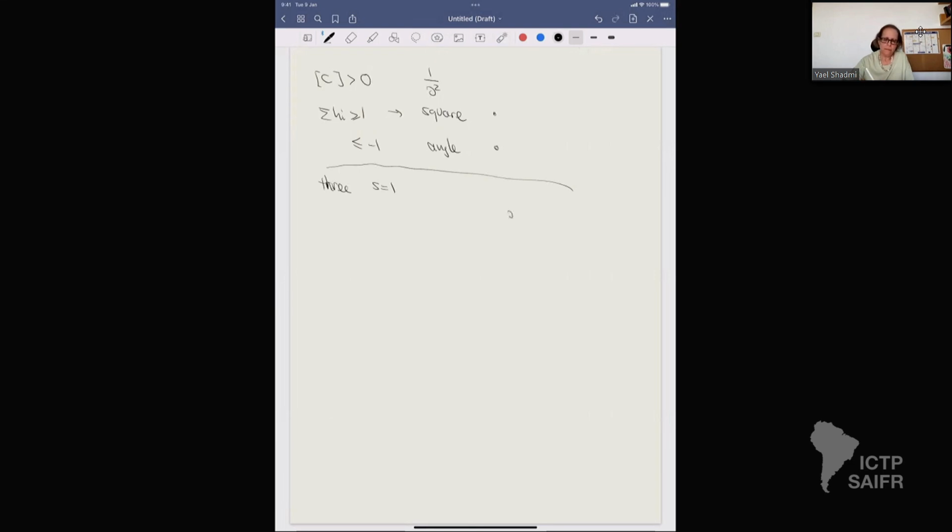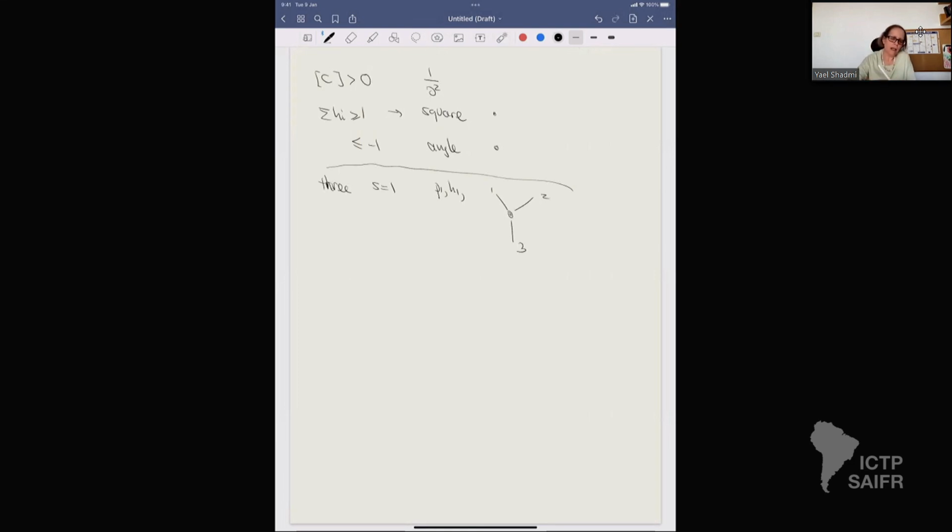And this is their 3-point amplitude. So this guy is going to be 1, this guy is going to be 2, this guy is going to be 3. And I'll label them by their momenta and helicities.